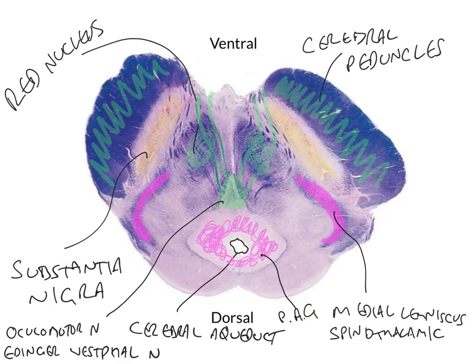Okay, and if this section had been taken in just the right orientation, we would have seen the two oculomotor nerves emerging ventrally from the midbrain. All right, but we didn't take it in just the right section, so we haven't seen those third nerves forming. They're broken off. What else can we see?